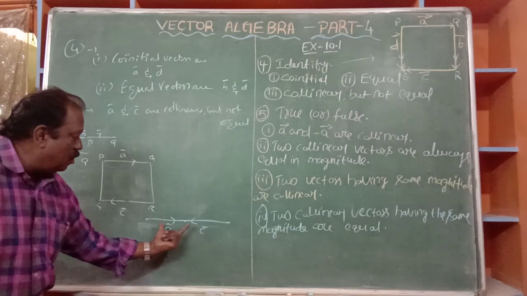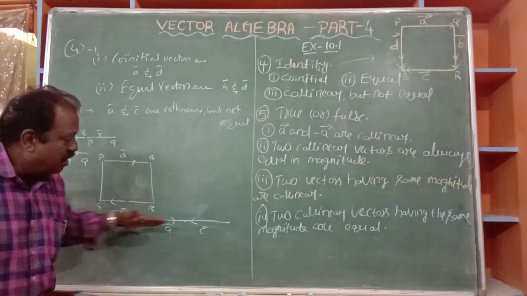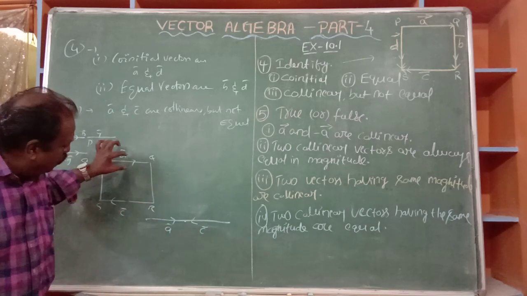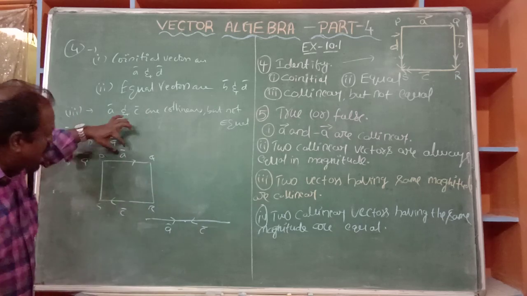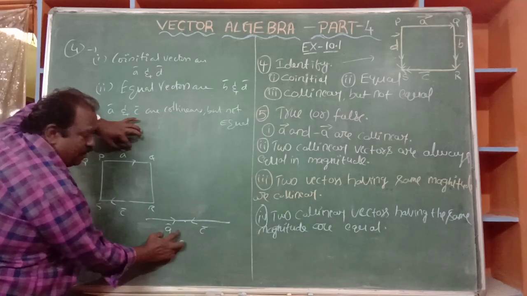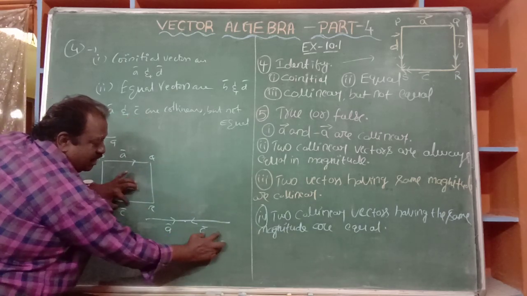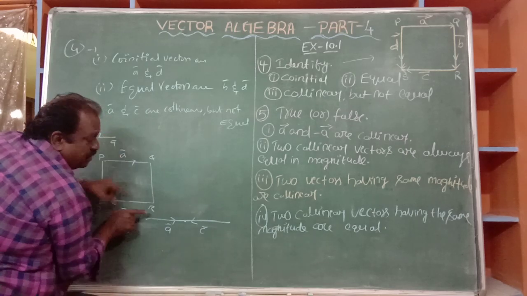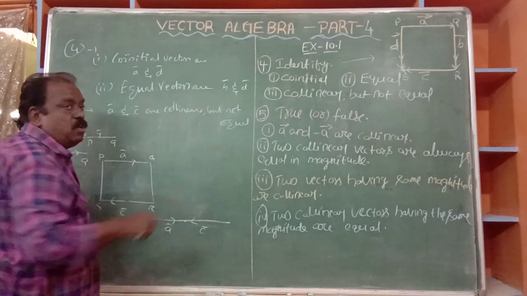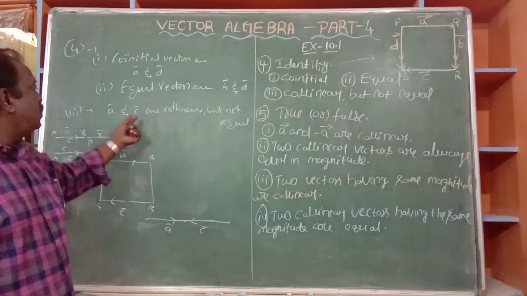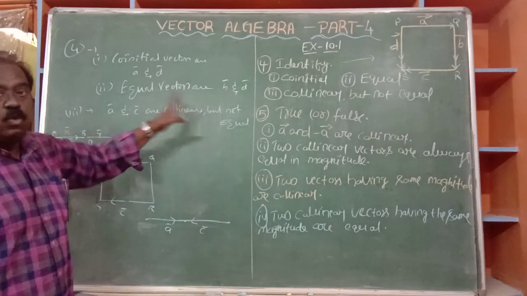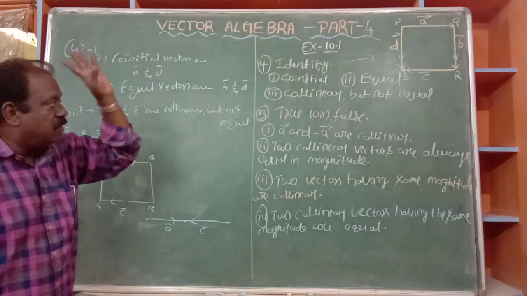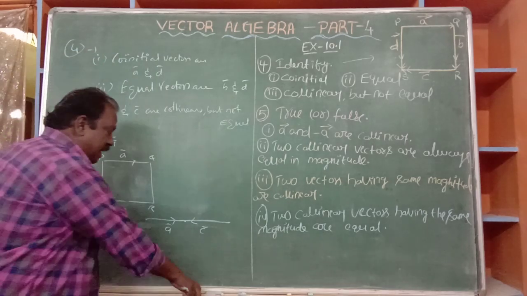Now A bar and C bar are lying on the same line. For this one it is an equal vector, for this one it is an equal vector, but the two vectors are lying on the same line. By using that concept, we say that A bar and C bar are collinear but not equal.